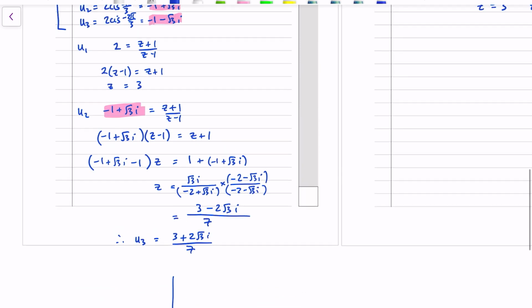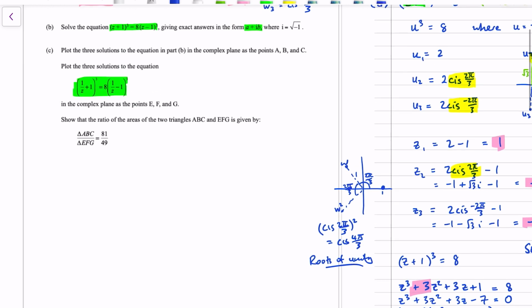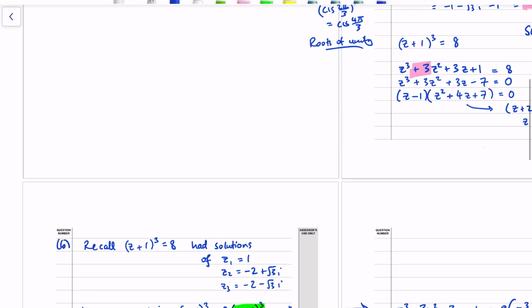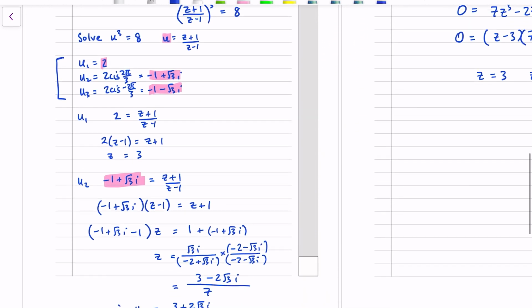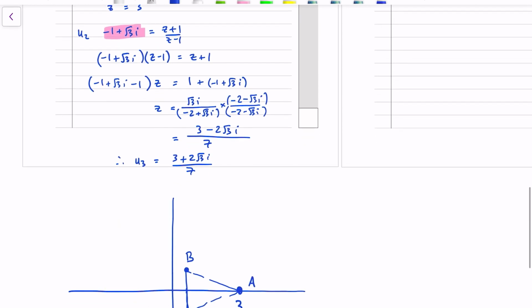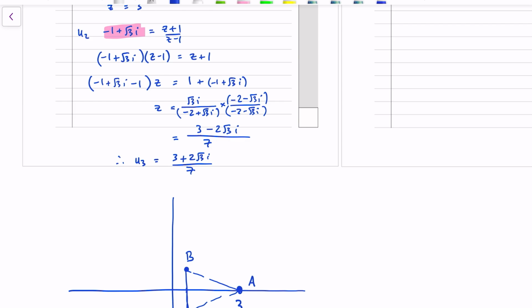Okay, and then we want the other equation. We plot those three solutions in the complex plane as the points E, F, and G. Show that the ratio of the areas is 81 over 49. Okay, so we could either use geometry or we could use algebra to solve this next part of the question. But we're now wanting to solve, we'll take these three solutions for z.